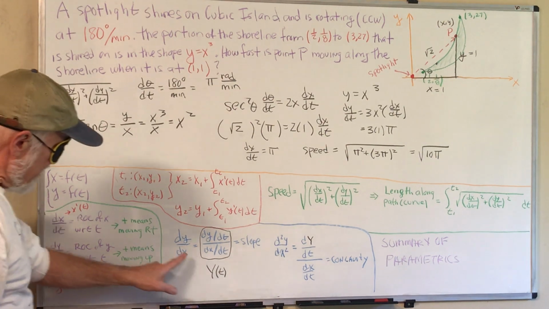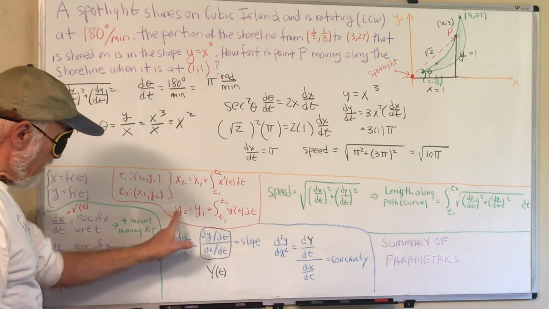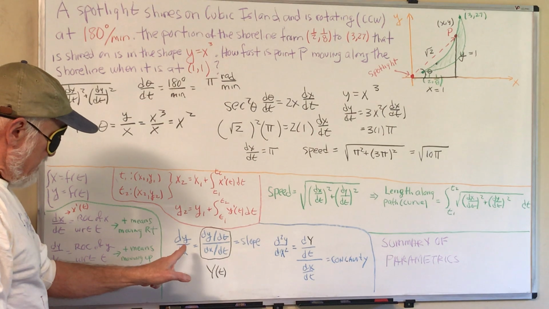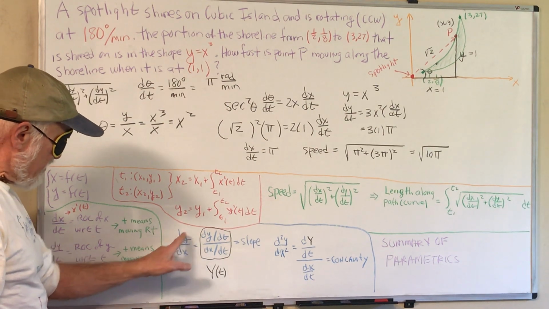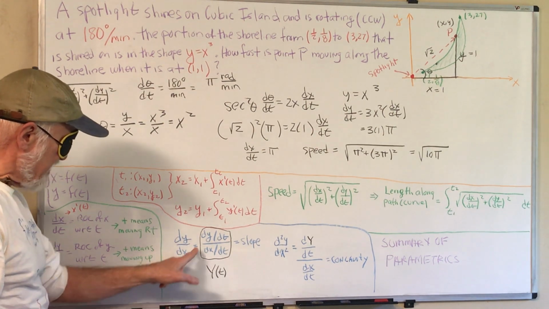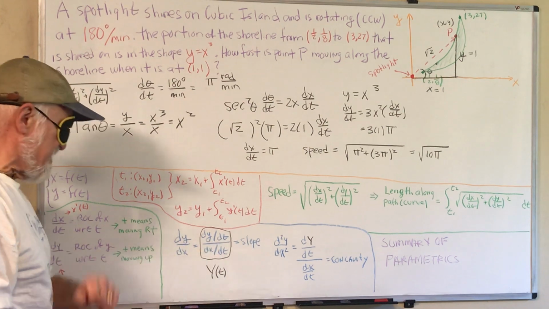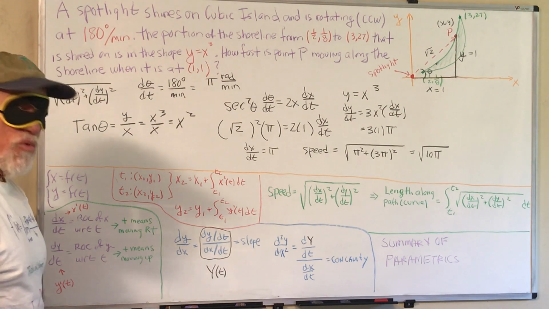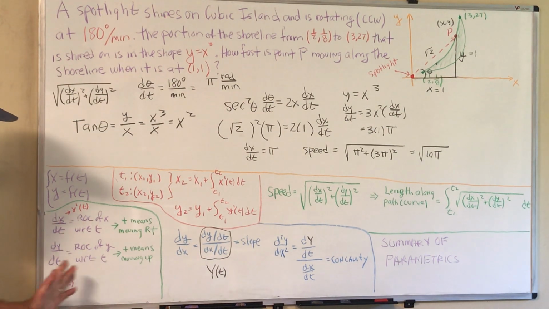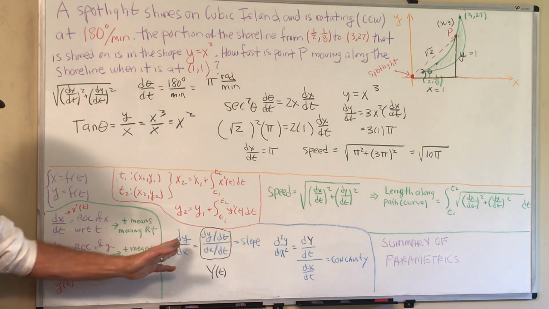And the last thing is the slope along the curve. Using the chain rule, we proved that the slope, dy dx, is equal to dy dt over dx dt. So once you've found dx dt and dy dt, it's pretty easy to get the slope.